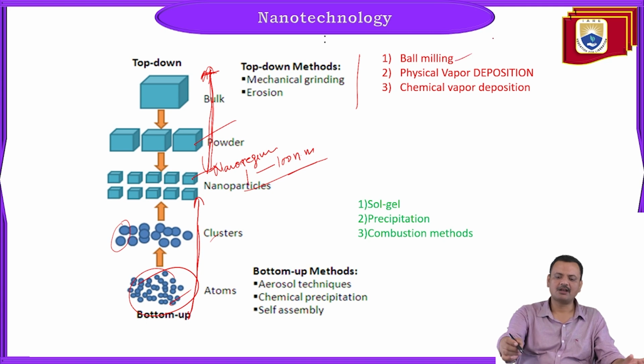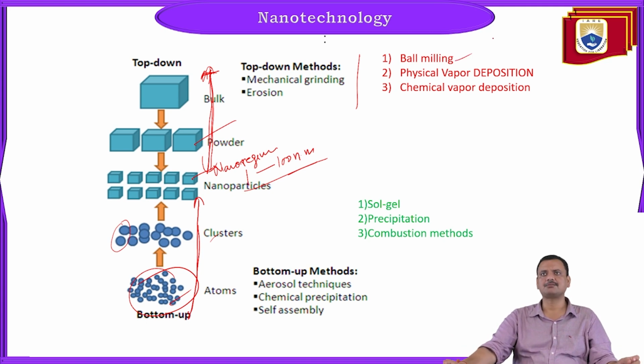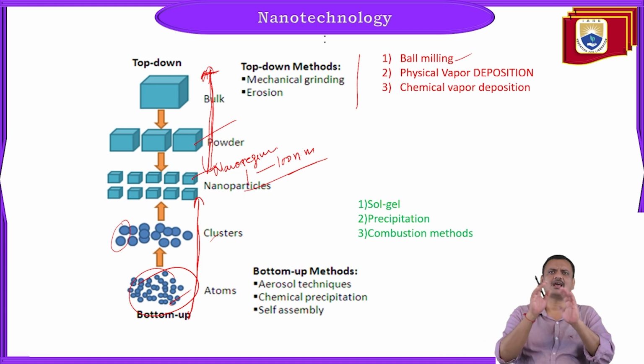The first is ball milling, the second is physical vapor deposition, the third is chemical vapor deposition. In the bottom up approach, there are several techniques, but I am mentioning here only three: sol gel, precipitation, and combustion method.